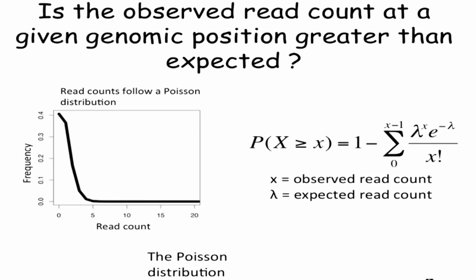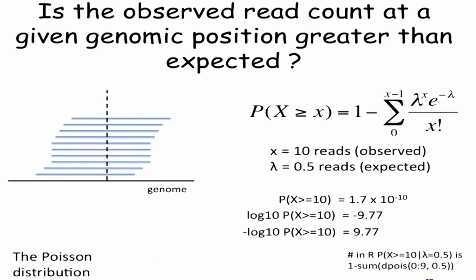So once we have a read count and once we have an expectation, we can just, like I showed you before, feed these two numbers into a Poisson distribution. Before that, you want to show that the read counts do follow a Poisson distribution, and that's the case for this experiment here.